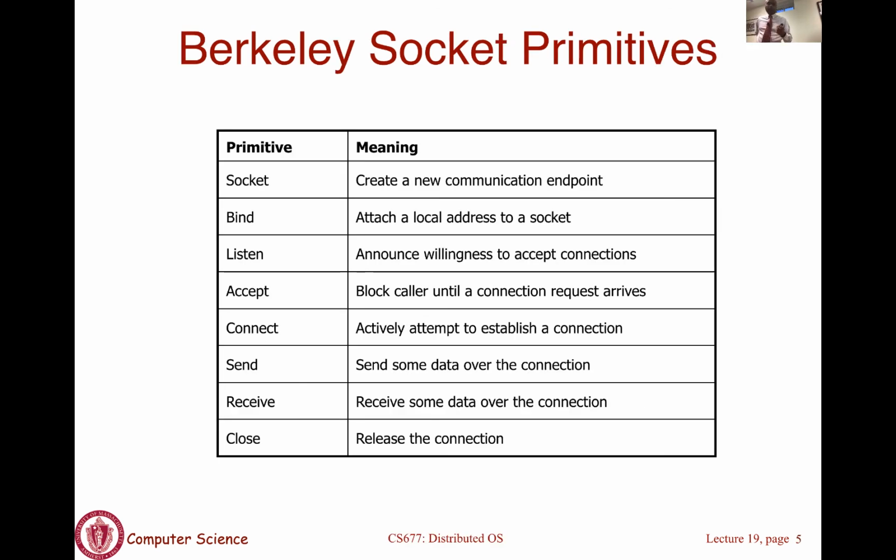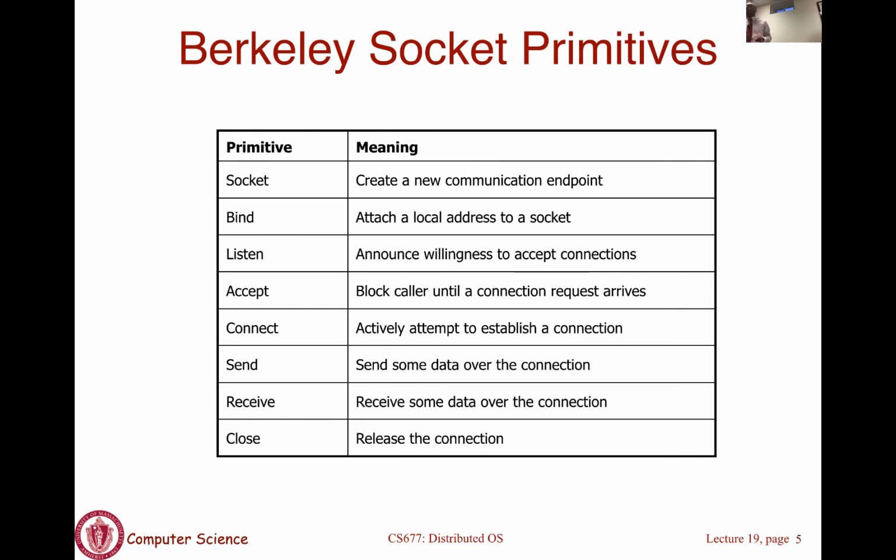Now this slide summarizes the POSIX socket calls that we just encountered. I'm going to go through them quickly again. The socket call is used to establish an endpoint. Bind binds that endpoint to a local address, which is the port number, as I mentioned. The IP address is already determined for the machine. It's the port number that you bind to.